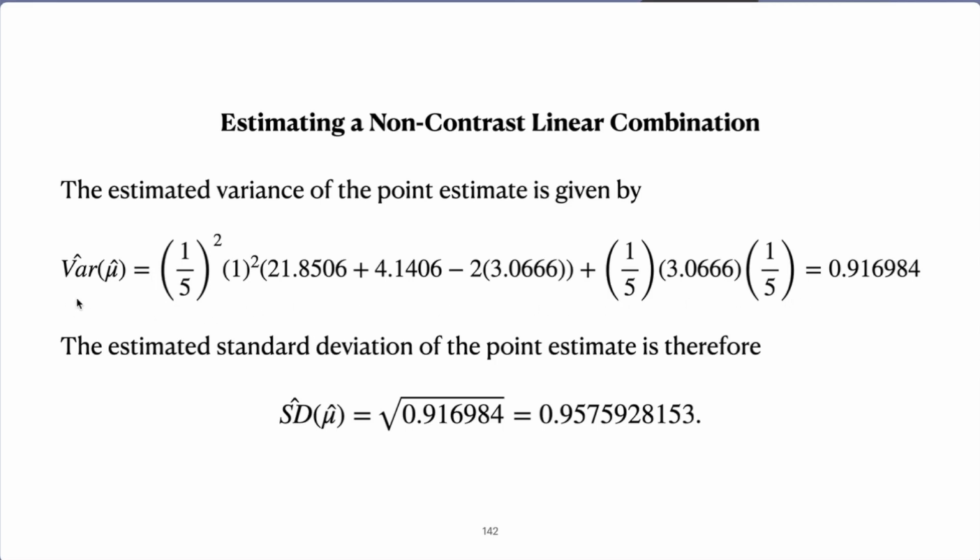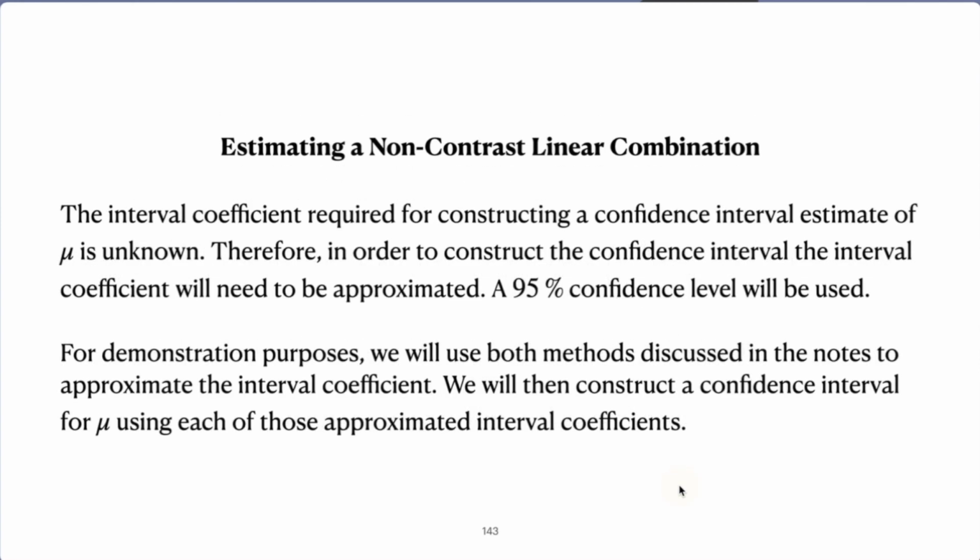So the estimated variance of mu hat turns out to be 0.916984. The square root of that gives us the estimated standard deviation of the point estimate of mu, and so the estimated standard deviation of mu hat turns out to be 0.9575928183.